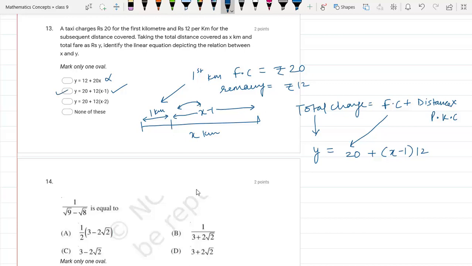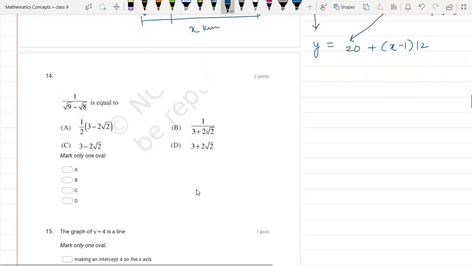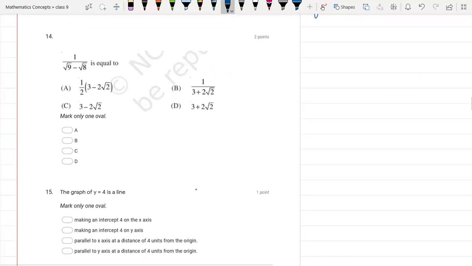Question 14 is similar to the question that we have done already: 1 upon root 9 minus root 8. Again the denominator is irrational, so it is our duty to make it rational. We all know the form is a minus b, so we will go for the a plus b form. We multiply with root 9 plus root 8.